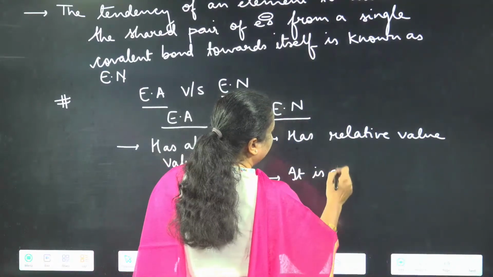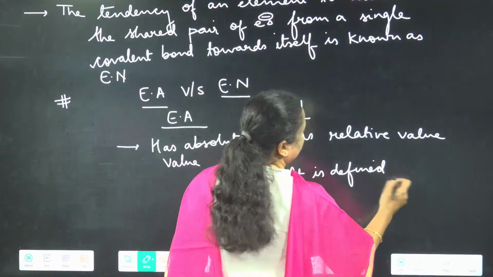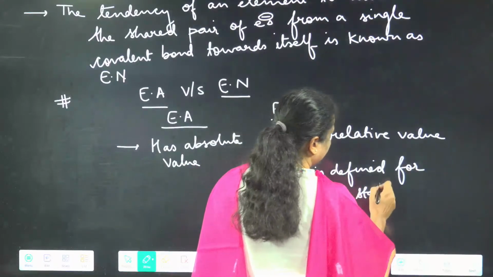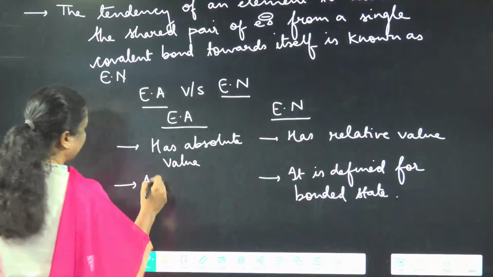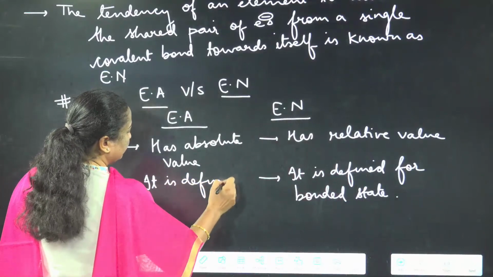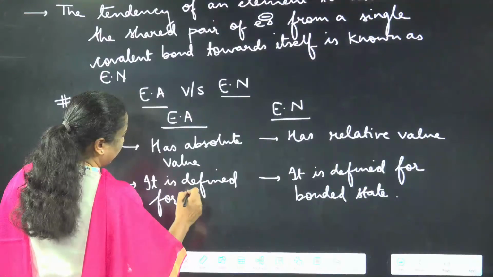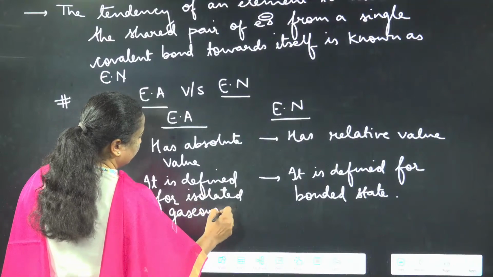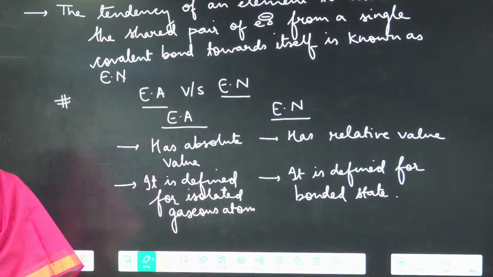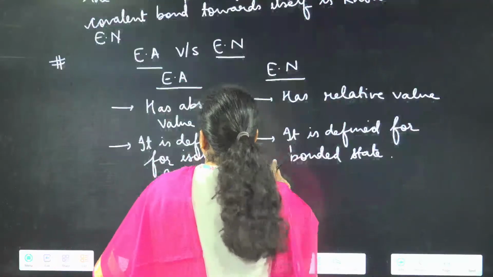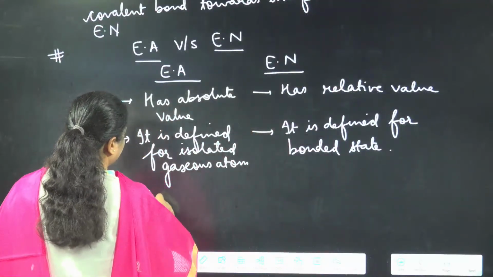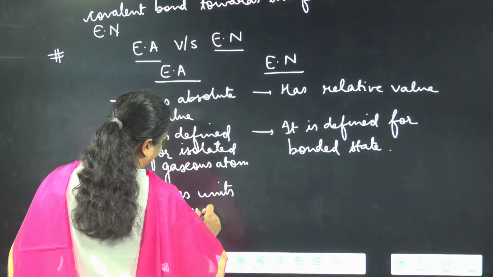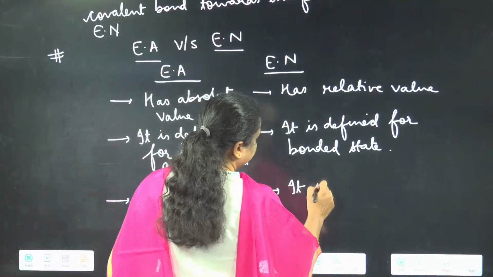Electronegativity is defined for the bonded state, and electron affinity is defined for an isolated gaseous atom. And electron affinity has units of energy, and electronegativity is unitless.